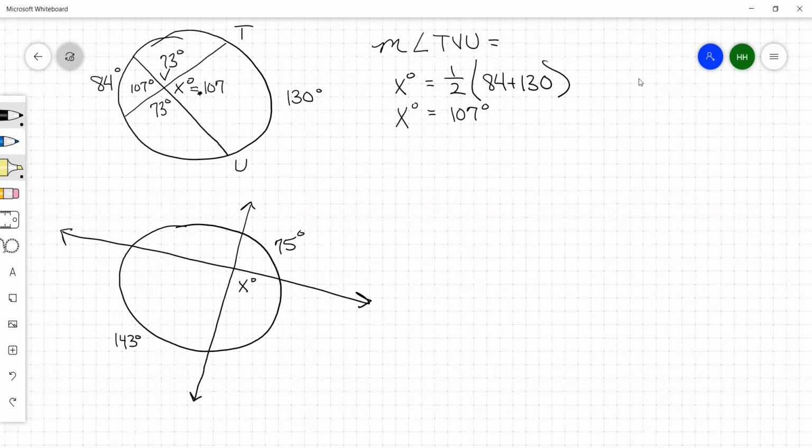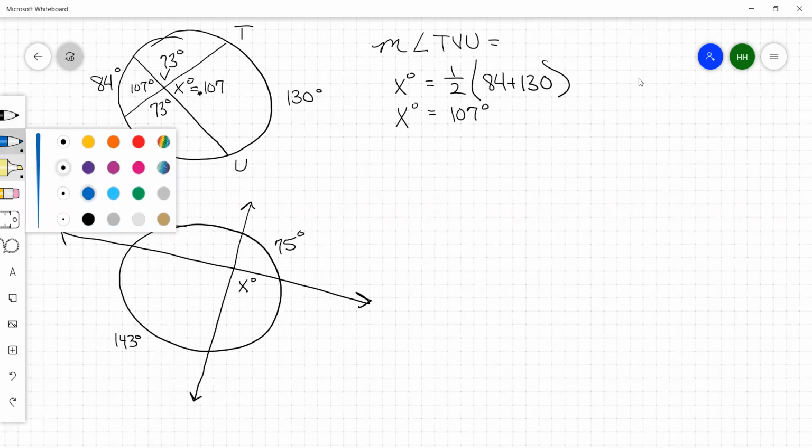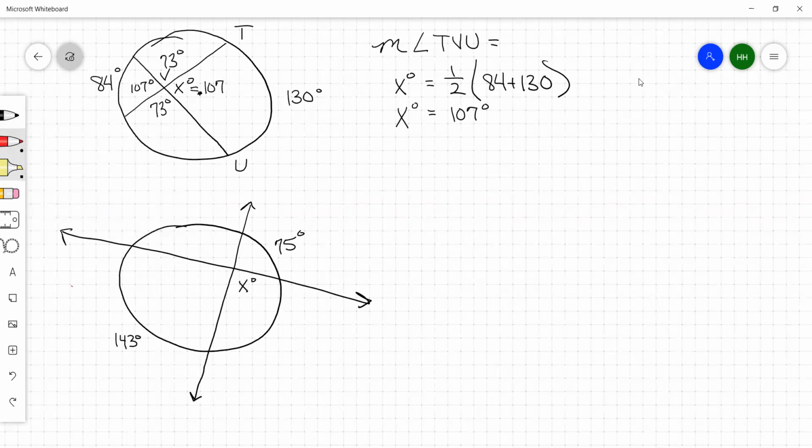So what we're going to do is we're going to find, based on the information given, we can't find X right now, can we? But can't we find this angle right in here?